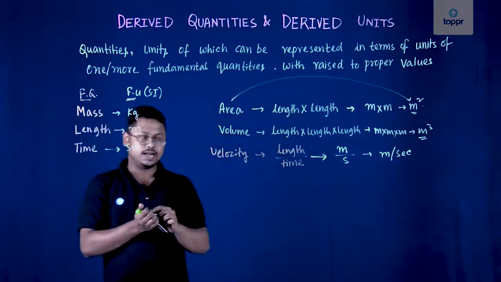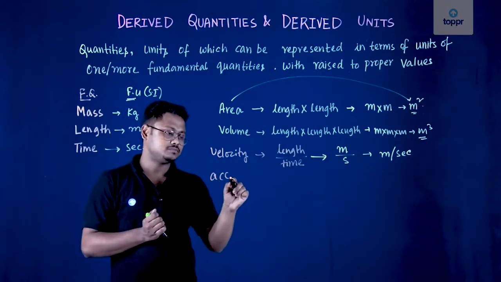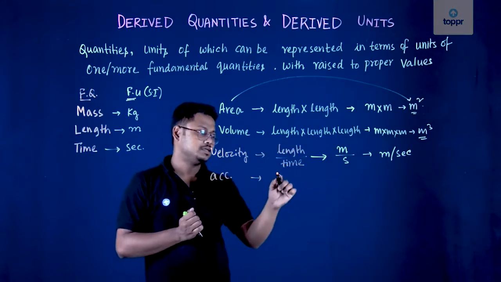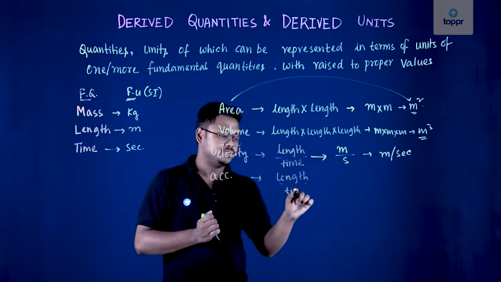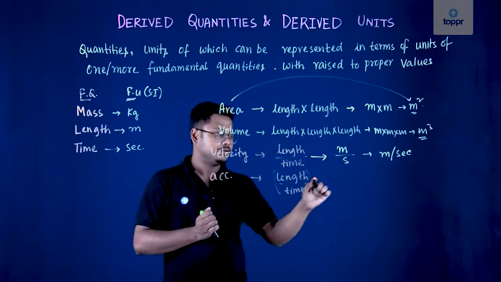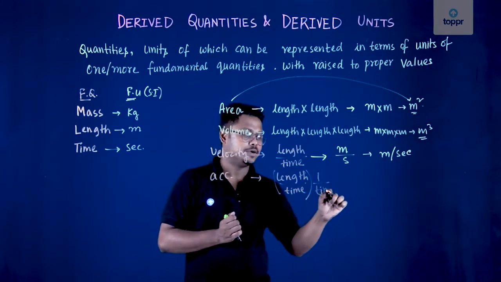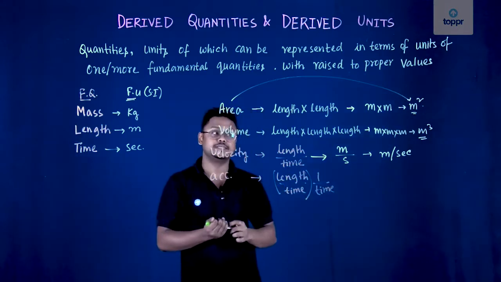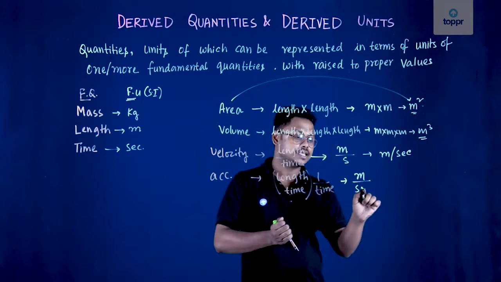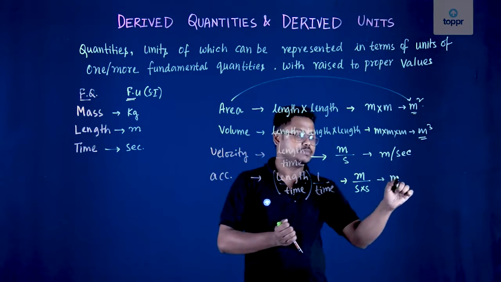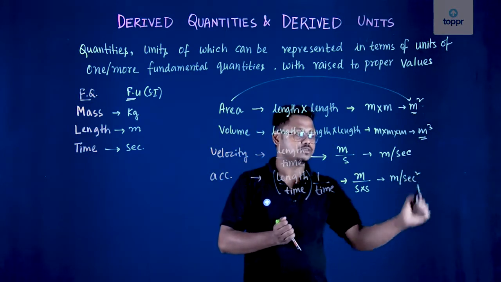Similarly, acceleration is length per unit time, this is velocity, again per unit time, that is rate of change of velocity. It will have the unit of meter divided by second into second, that is meter per second square.